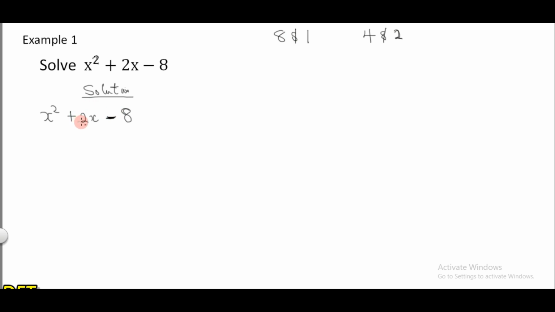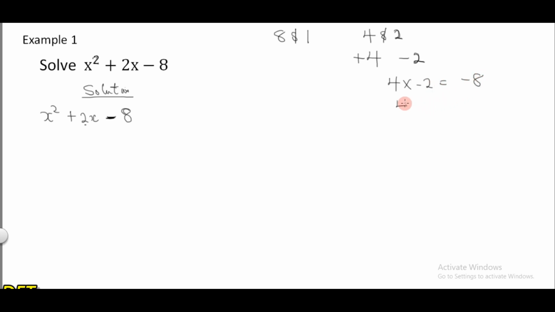Since the smaller number is positive, which is plus 2, I will put the minus in the smaller number. So my factors will now be plus 4 and minus 2. 4 times minus 2 is equal to minus 8.